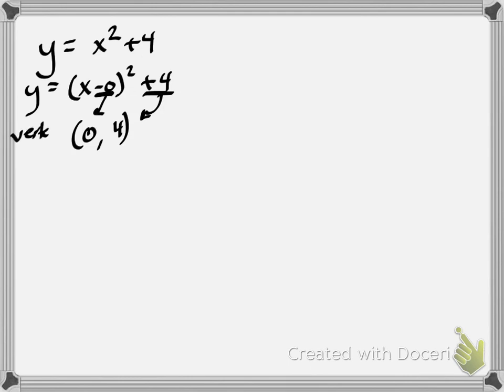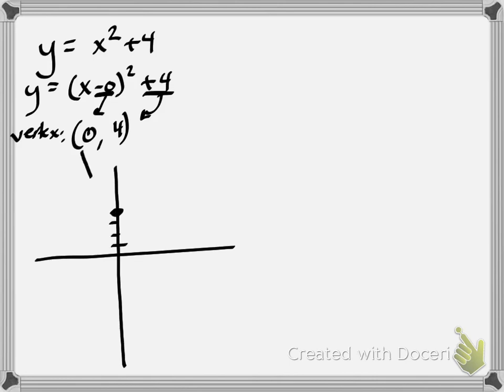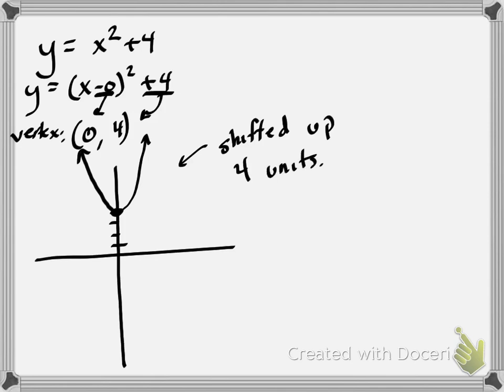So my vertex is at 0, 4. So that's right here, 1, 2, 3, 4. We put a dot there, and then my parabola goes like this. Okay, and what we say is this is shifted up 4 units.